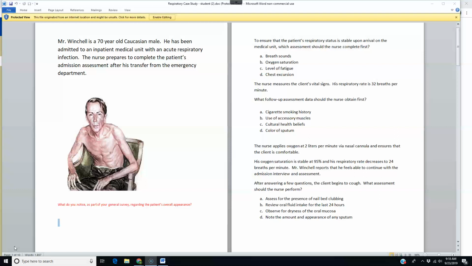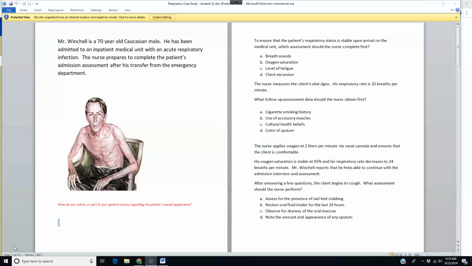These are the types of questions that would be on your test coming up. I also want to advise you to download an app from ATI. It's called RN, capital RN, space Mentor, MENTOR, from ATI. Google it and download it and put it on your phone.